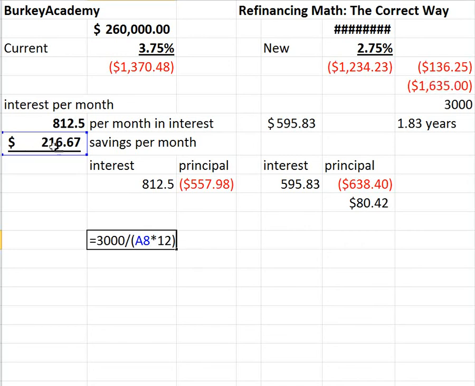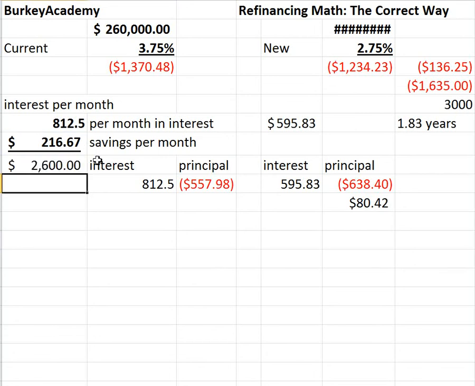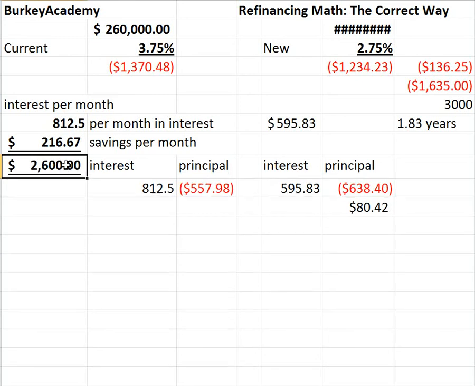We could multiply the 216. Let's do that instead of talking about it. Let's multiply that equals. Hopefully I've convinced you that the 216 number is the right number to look at. So we're really saving $2,600 per year by refinancing, not $1,600, $2,600.